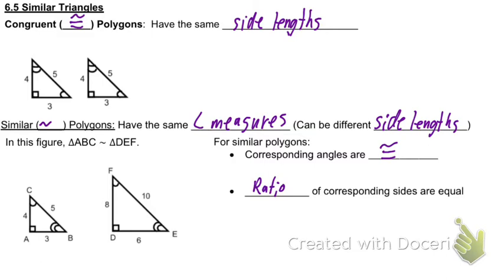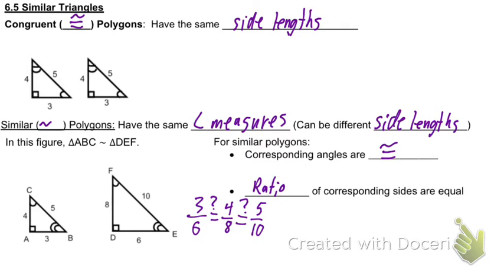Now, if we take corresponding sides, and I say 3 to 6, and I create a ratio, 3 to 6, that should be equal to 4 to 8, another set of corresponding sides, which should be equal to another set of corresponding sides, 5 to 10. Notice I did the small triangle on top every time and the big triangle on the bottom every time.